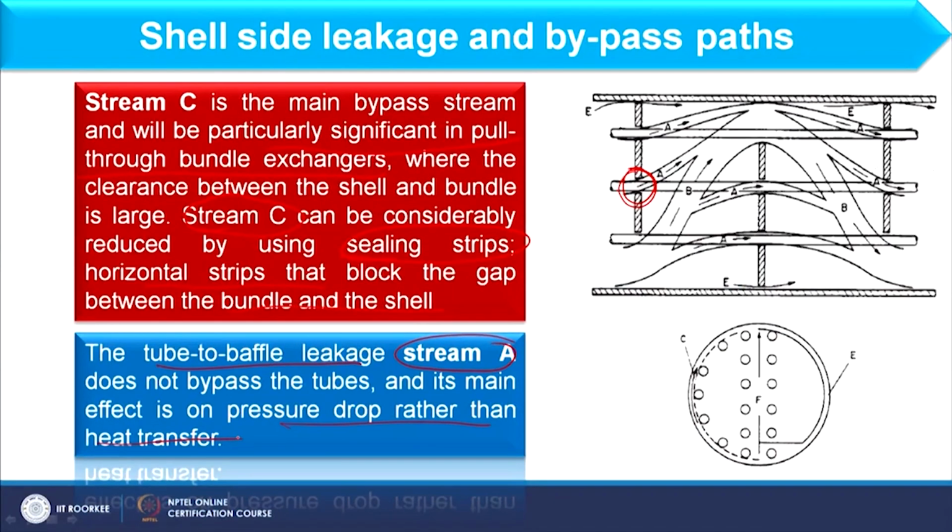So, these are the different streams which are available in shell side, and Bell's method considers all these streams except one. And that stream which is not considered in Bell's method is stream F. Otherwise, it considers all the different factors, all the different streams, other than F.